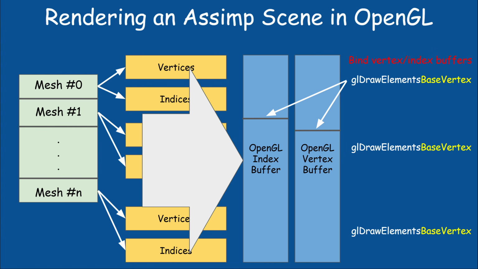This means that we can bind our big vertex and index buffers once, and GL draw elements base vertex will take care of the rest. This is actually how I do it in my Assimp tutorial.